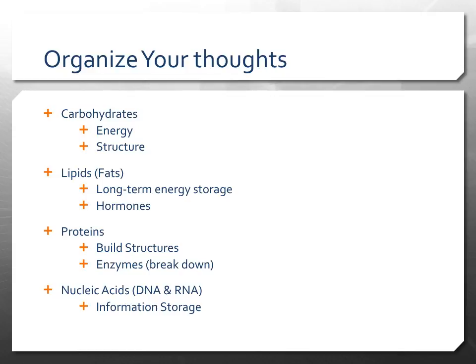fruits, and vegetables. Lipids. Lipids, also known as fats, are long-term energy storage. Our body takes in lipids and stores them just in case we need fat for a rainy day. Say we don't eat enough carbohydrates, then our body starts to go into the fat storage and take our fat for energy.